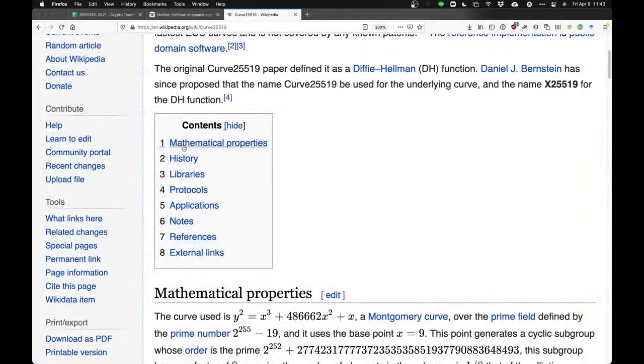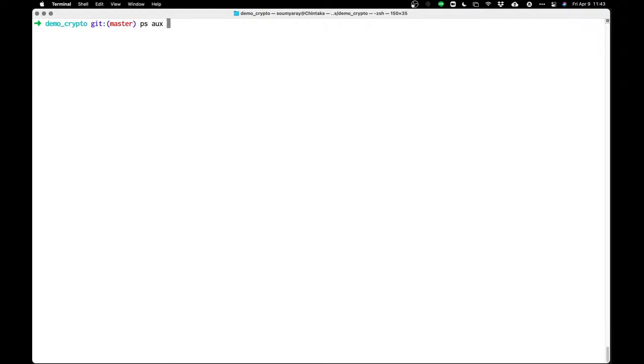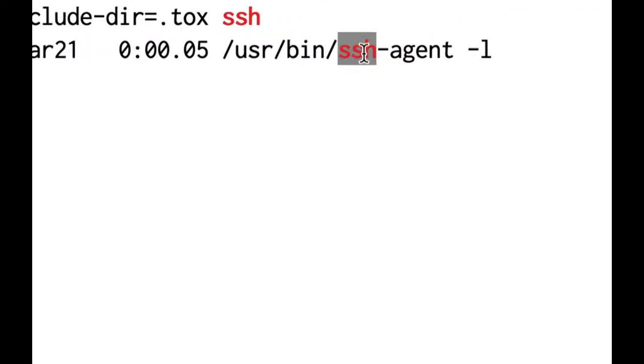What it means is that on your computer, there should be an SSH agent running at all times in the background. That's what's handling these challenges and requests.